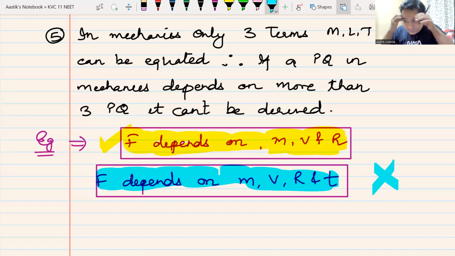Have you noted down point number four? Point number five, yes or no? Yes, sir. Have you understood what we have discussed till now? There are two more points which I will discuss in the next class. Two small points.